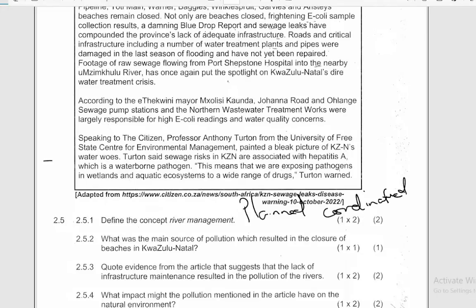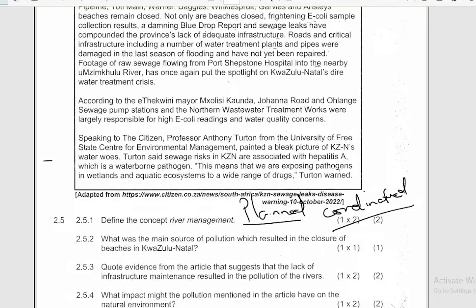It's not just something that can be done anyhow without a fixed plan. We need to know what is happening and we need to implement strategies on how to deal with the problems. And it should be coordinated, meaning to say different stakeholders should have a common understanding and they should have the will of working together towards attaining whatever is required on the river.